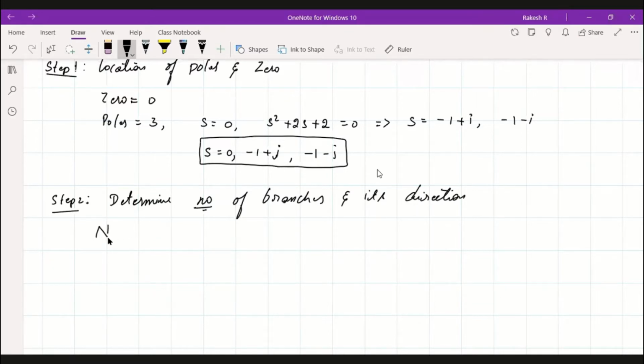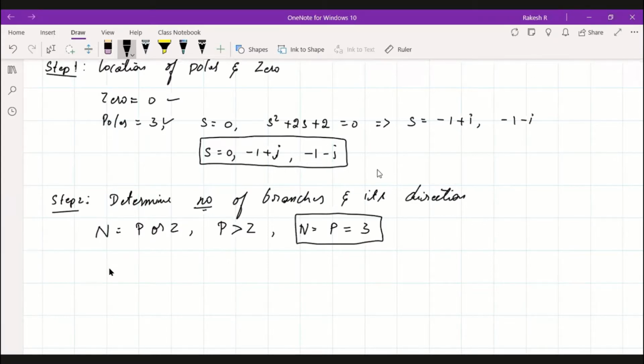N equals P or Z, whichever is greater. The number of poles P is 3 and Z is 0, so P is greater than Z. So I can take N equals P, which equals 3. That means the number of branches will be 3.